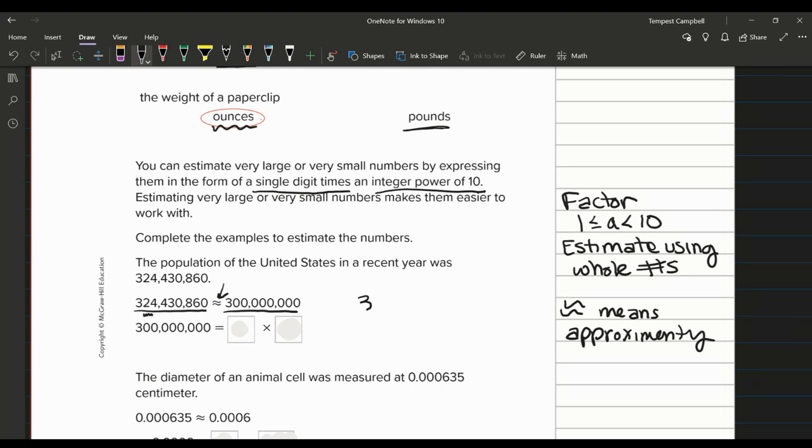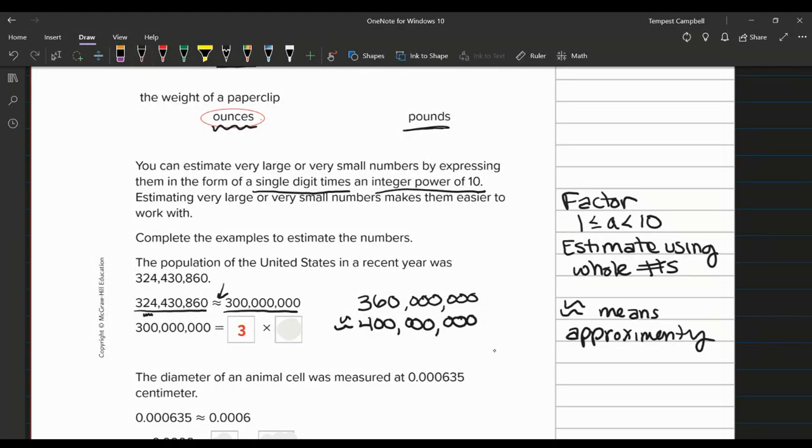If we had a bigger number like 36 or 360 million, I would probably estimate that to be closer to 4 million or 400 million. So it's that idea that we're still using the numbers after it to see if we should go up or down.